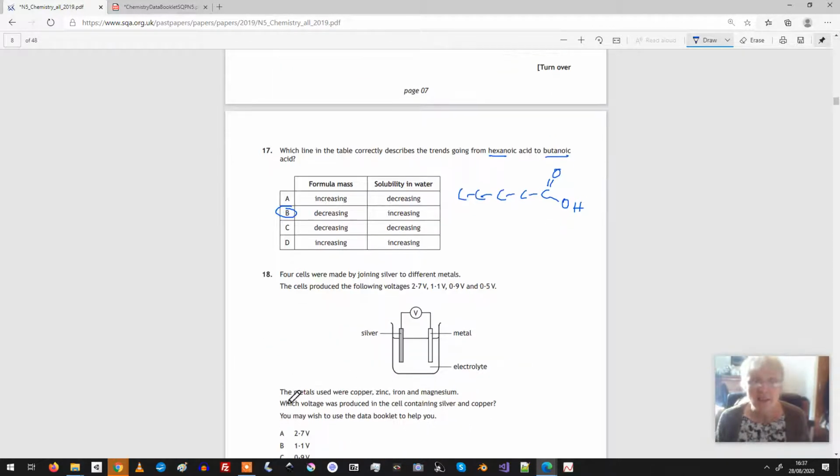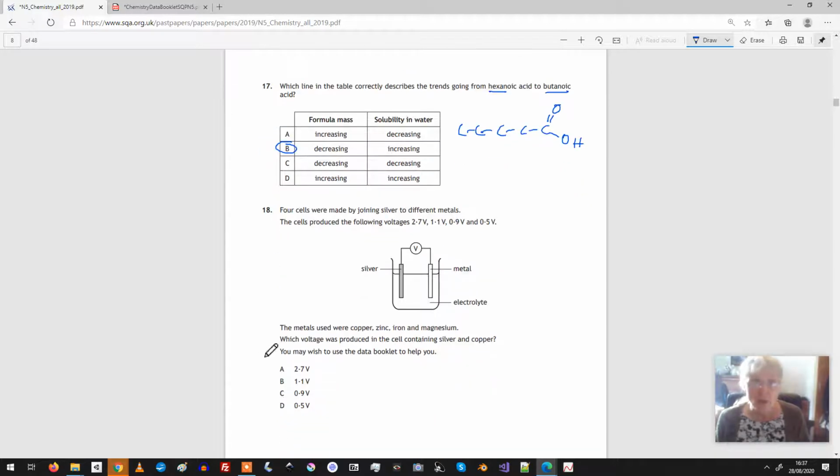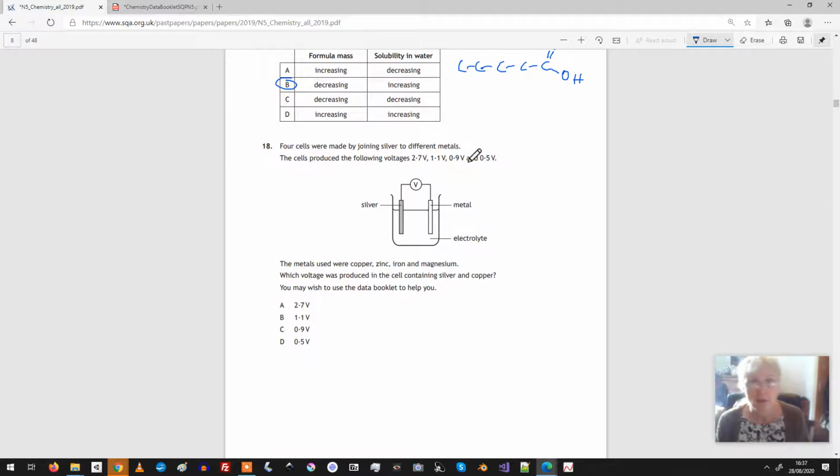Right, 18. 4 cells were made by joining silver to different metals. The cells produced the following voltages. Right, so silver was joined to a different metal, and the metals that were used were either copper, zinc, iron or magnesium.